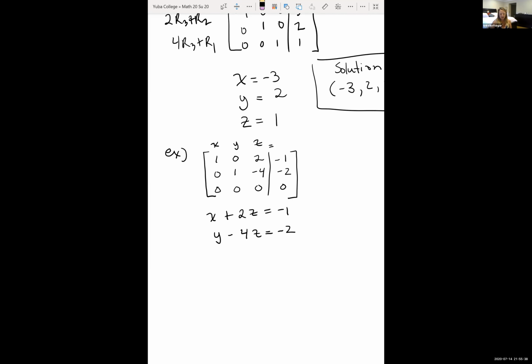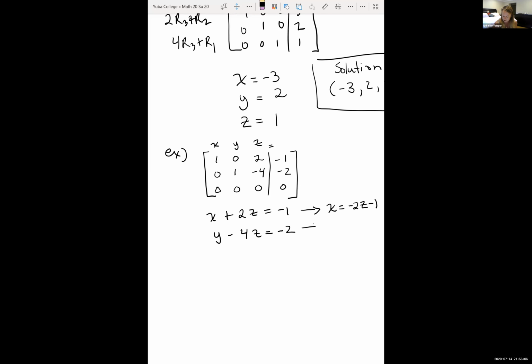I notice here that the first equation has z in it and the second equation has z in it. So it would be best if we rewrite x in terms of z and y in terms of z. So if we solve for x here, we would just subtract 2z on both sides of our equation, and we would get x is equal to -2z minus 1.